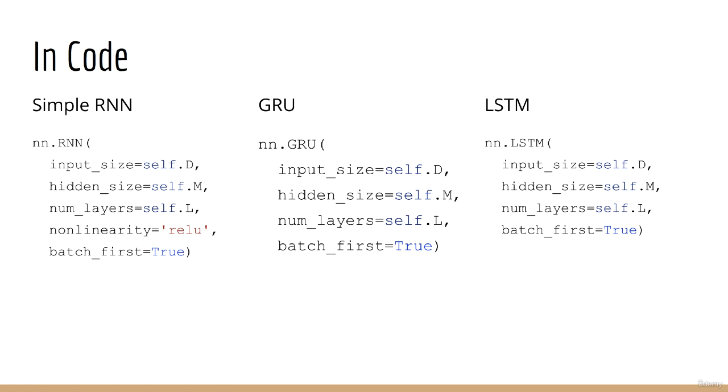We pass in the number of input features D, the number of hidden features M, and the number of RNN layers to stack, L. I also pass in batch_first equal to True, so that all my data is always N by something, instead of having the N dimension somewhere else. The crucial difference is that in a GRU and LSTM, there is no nonlinearity argument because it's not possible to change.